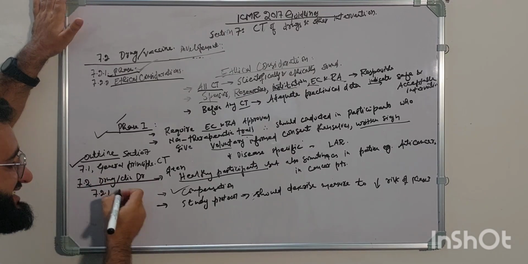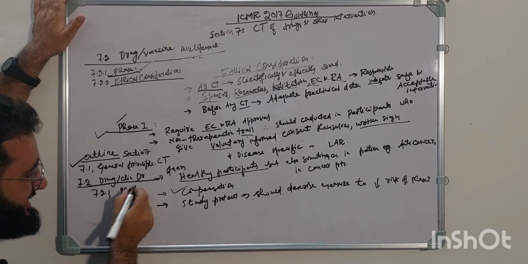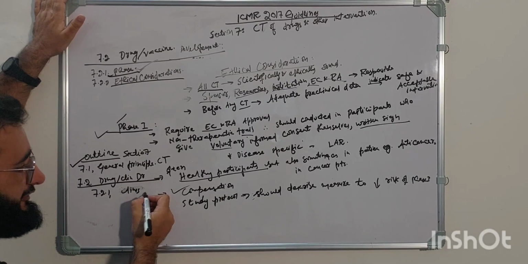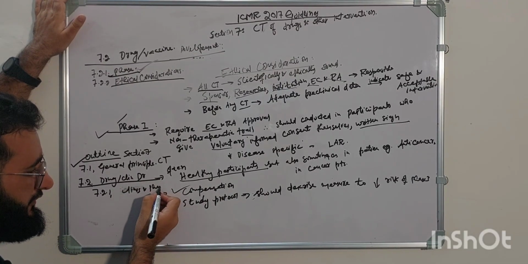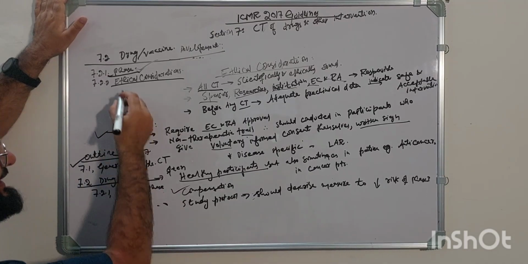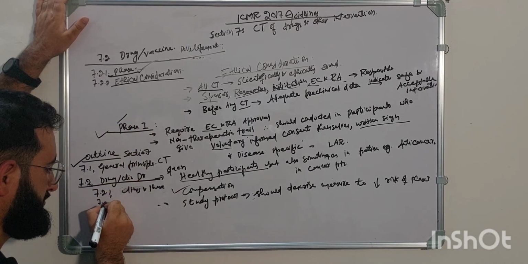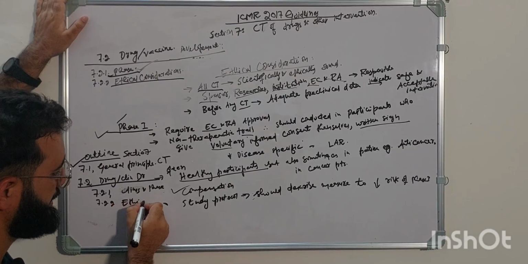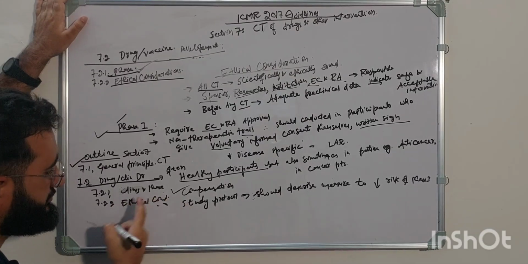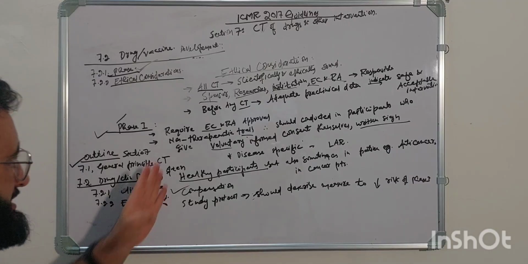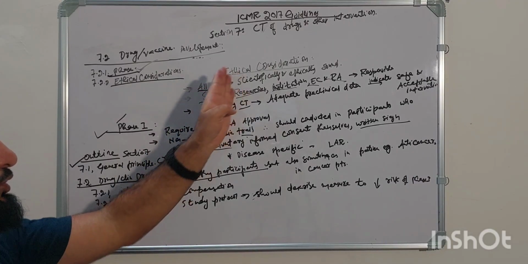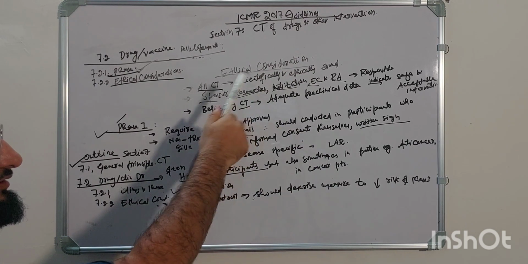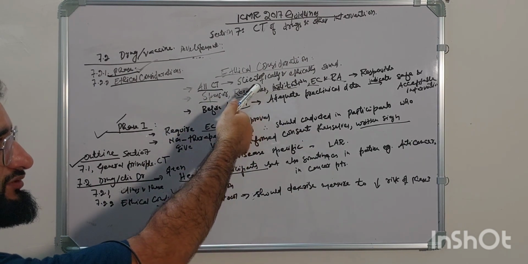Under this, first we discussed 7.2.1, the phases of clinical trials. So we discussed the aims of clinical trials and the phases of clinical trials. The second thing they have mentioned is the ethical considerations. First, the general ethical considerations: all clinical trials should be scientifically sound and ethical.